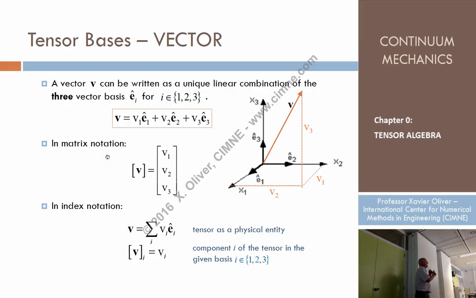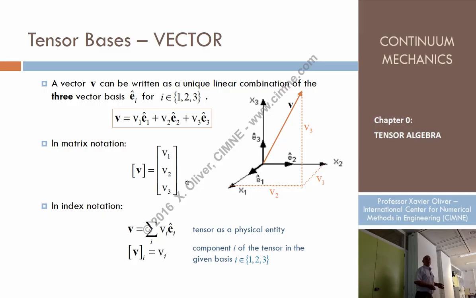Once we have identified these three components, we can talk about the matrix of components. We have to distinguish between the vector and the components of the vector. The vector, as I told you, is something which doesn't change even if we change the system of coordinates. The components of the vector, v1, v2, v3, depend on the system of coordinates that we have chosen. But if the system remains constant, and I know these three numbers, I multiply the first one times e1, then v2 times e2, then v3 times e3, and if I sum these three vectors, I obtain the original vector.